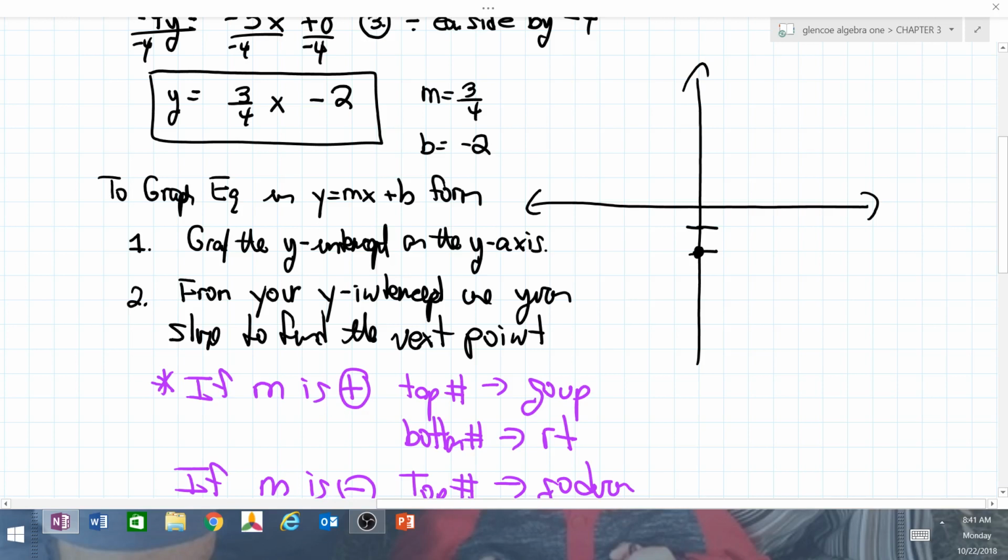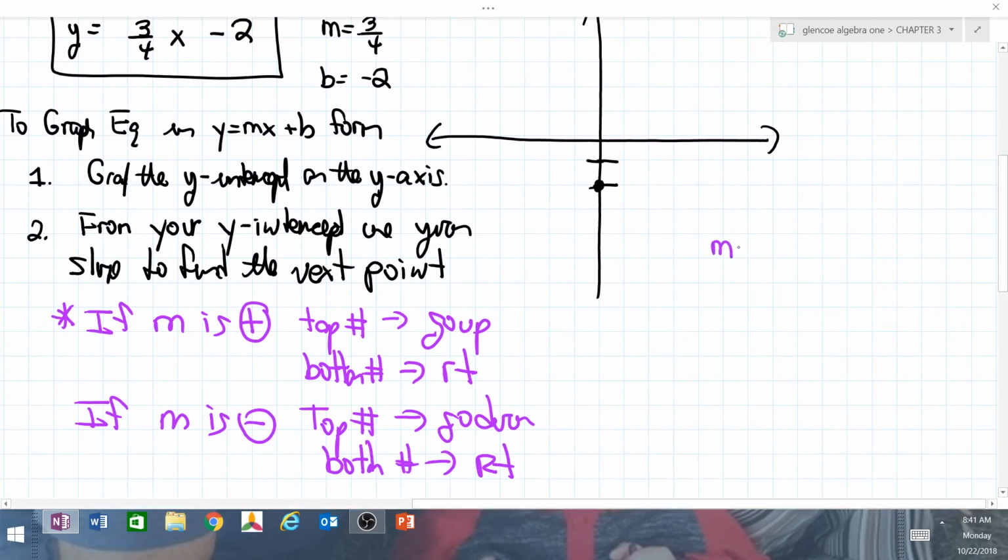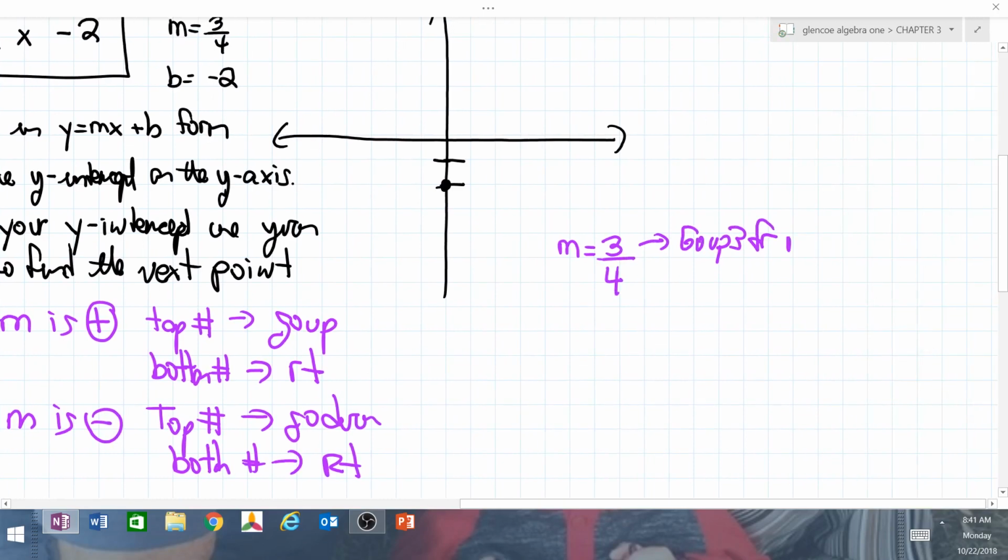Okay, so step number 1, we graph the y-intercept on the y-axis. Our y-intercept was -2. I go down 2. Now I'm going to use my slope to find my next point. My slope is 3/4. M equals 3/4. So I go up 3 from my y-intercept, and I go over to the right 4.